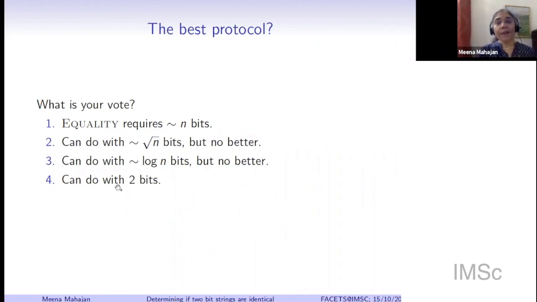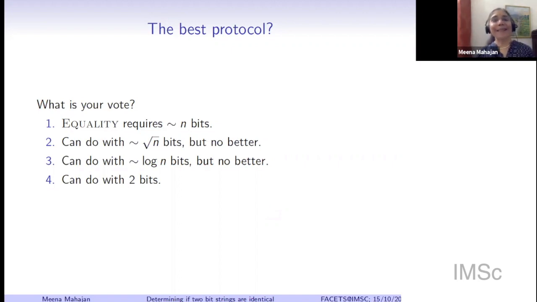Or you can ask, is it possible to do this with just 2 bits or 4 bits or something? So like I said, if we were actually in a class, I would have taken a vote at this point and asked who thinks what. I probably could take a vote here on Zoom, but let's get past that. Each one of you try to keep your answer in mind, and now let's see how the story unfolds. So the right answer to this question, what is the best protocol?